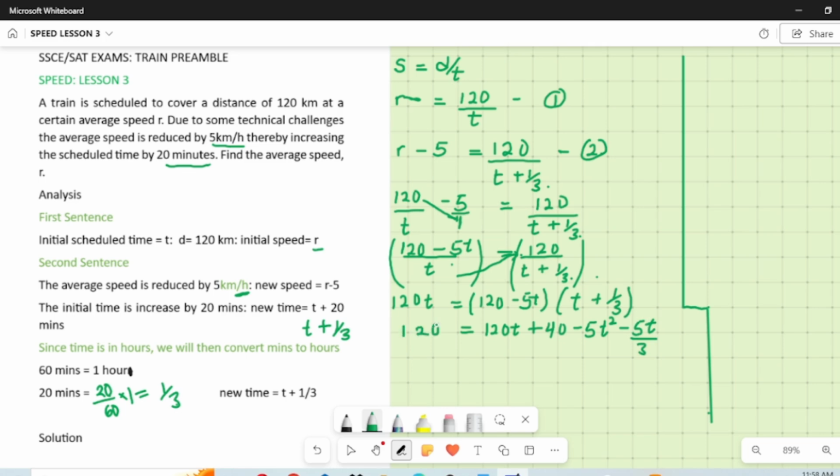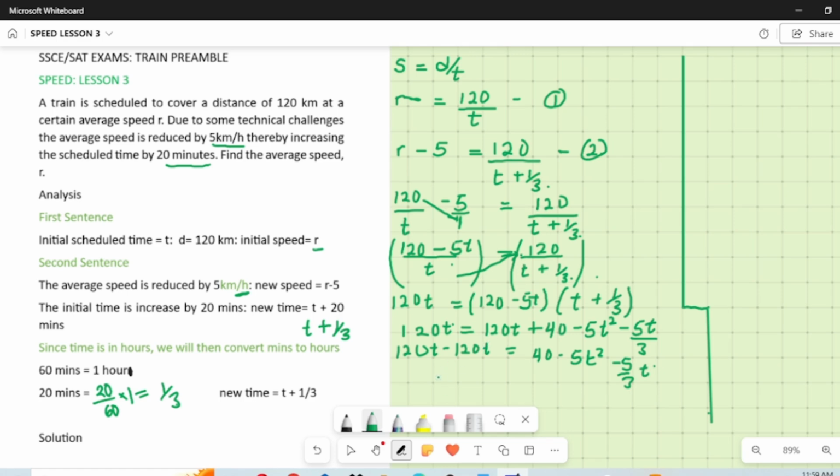So this gives us 120t. We can cancel this one with this, because if we bring this one to that, we group like terms, and this is the same as that, so it will become 0. So 120t minus 120t is the same as 40 minus 5t squared minus 5 over 3t.